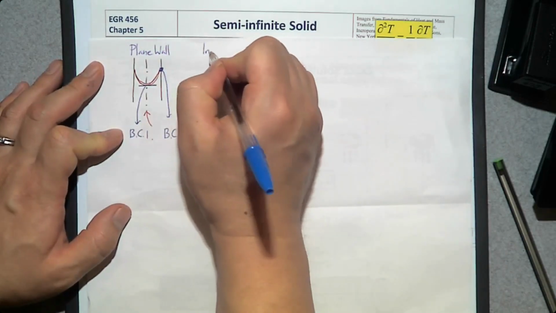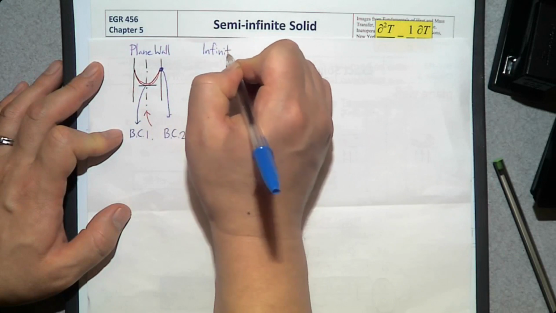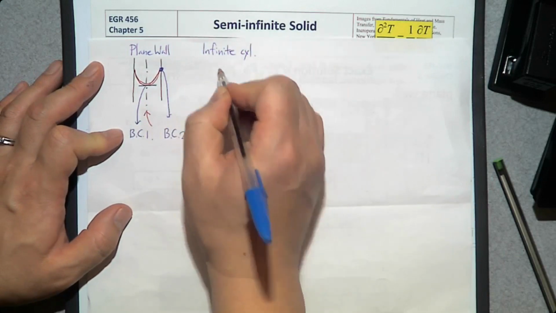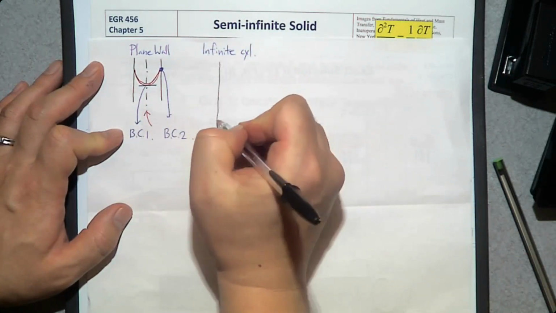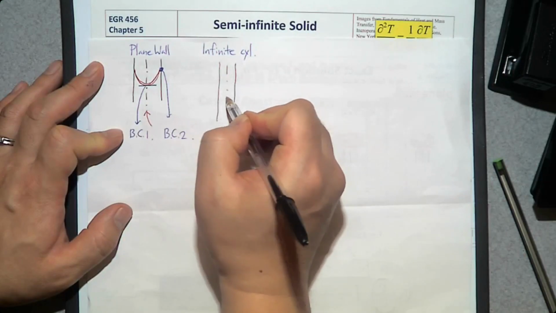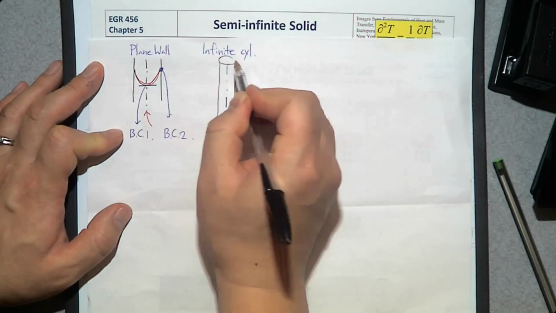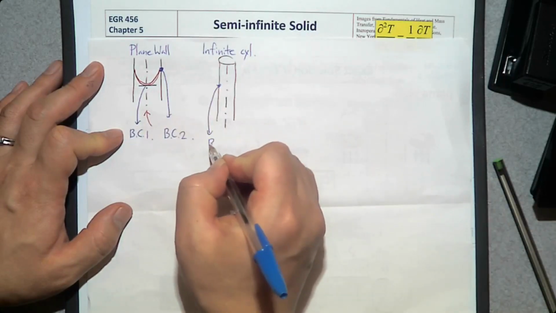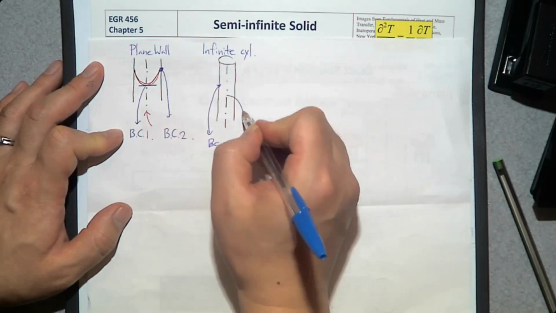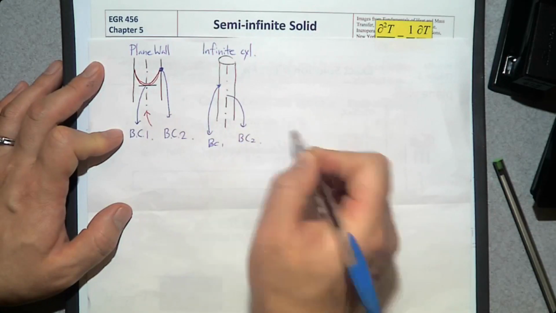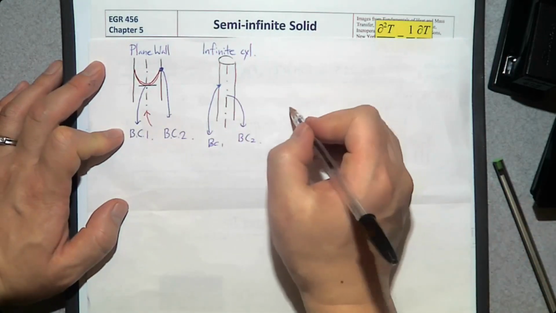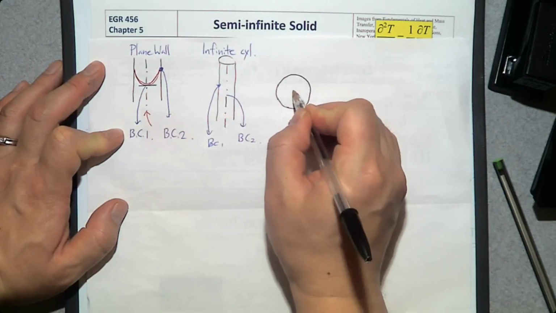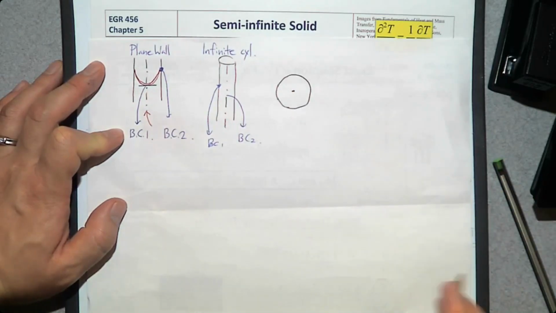And when we have an infinite cylinder, we also have two boundary conditions. One is at the surface, boundary condition number 1, and boundary condition number 2 at the center. And if we have an infinite sphere, we also have two boundary conditions.